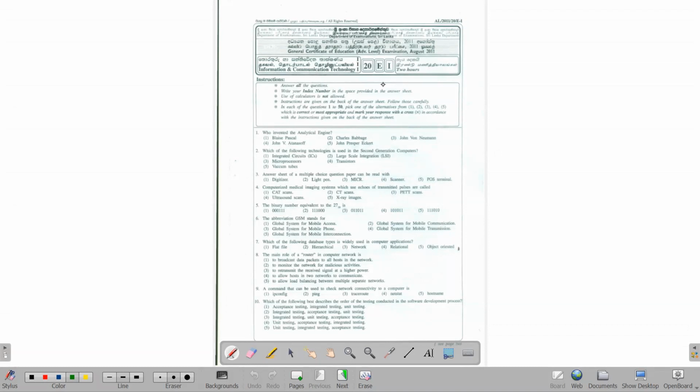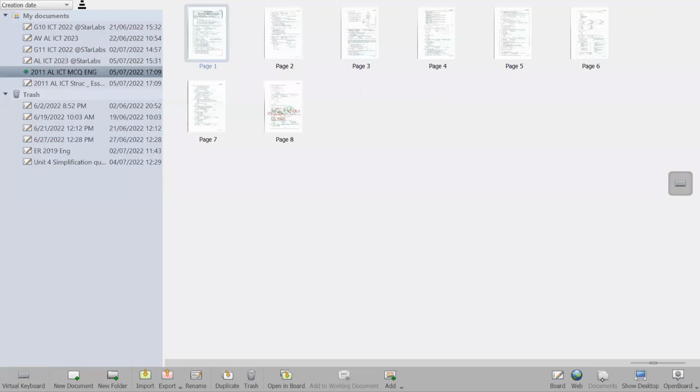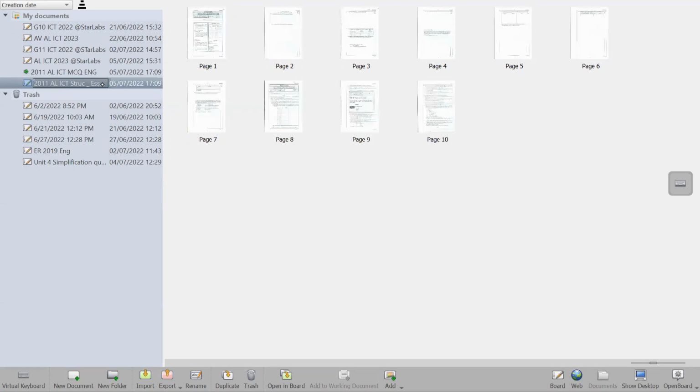Right, okay, others, please send me the marks, right? Okay, I'm moving to the structured paper. Oh, that's good. Keep it up.